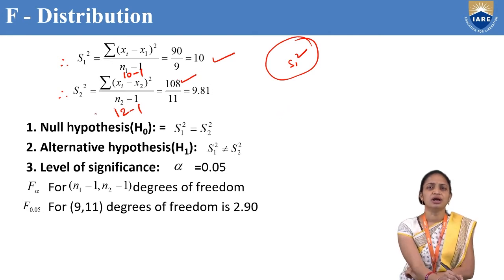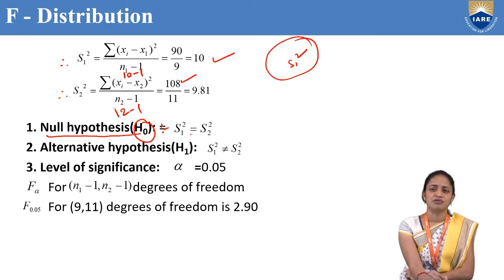Okay. So now coming to the first step. Our first step is the null hypothesis. Always the null hypothesis is denoted with H naught, that is equal to s1 square equal to s2 square.